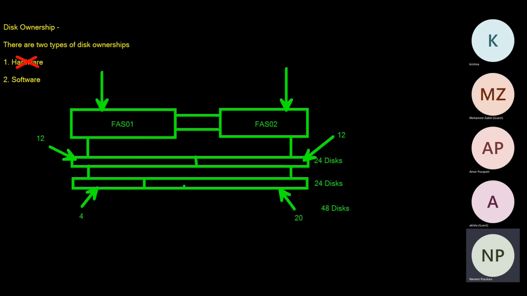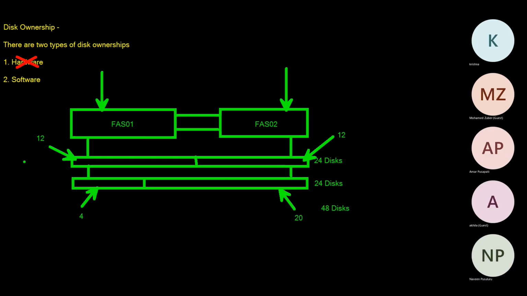If you have a requirement, it is not like you need to assign 12 there and 12 here, nothing like that. If you have a requirement for more on one controller, you can assign the majority of the disks there only. Even if you want, you can assign all 24 disks to a single controller as well. That is the flexibility with software based disk ownership.